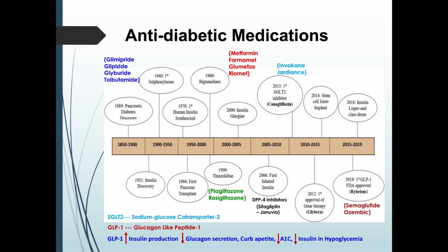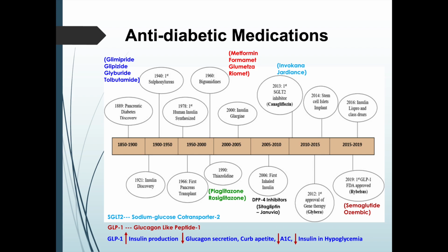So now the medication part, how to control, and again I will start with the history, what type of medications started and now what are in the market. So these are the medications and the group of medications.